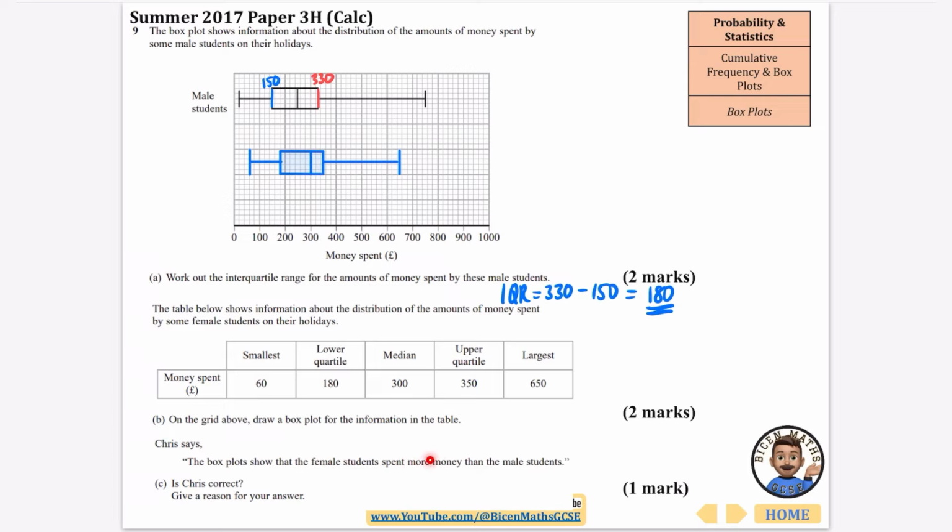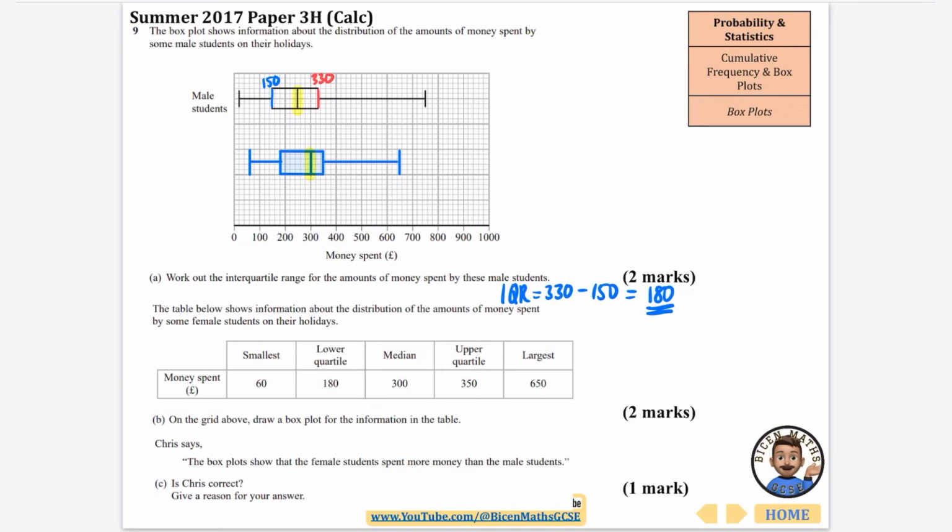And then it says for the last part, Chris says the box plot shows that the female students spent more money than the male students. Is Chris correct? Whenever you're wanting to do a comparison of these kinds of things, the best thing is not to think about the range or the interquartile range, but literally just one measure, which is the median. So if we compare the median for these things, we can explain this.